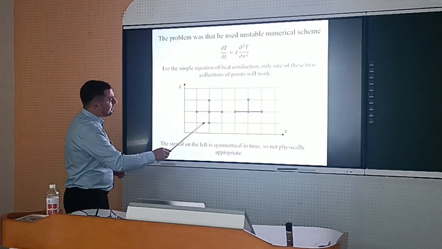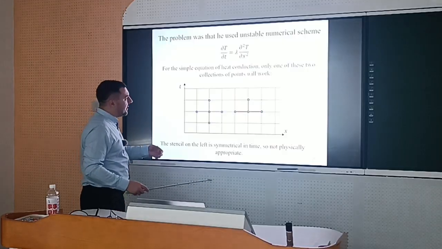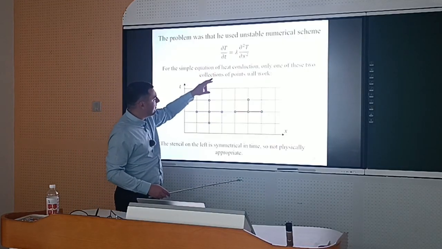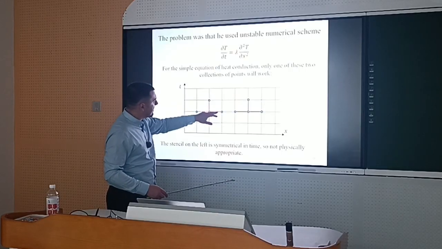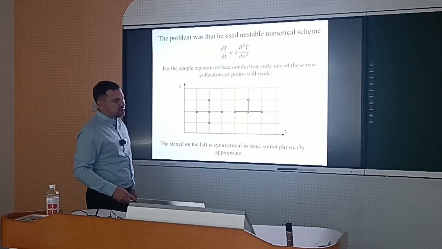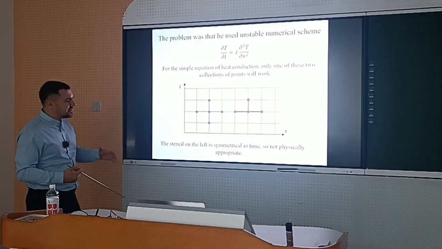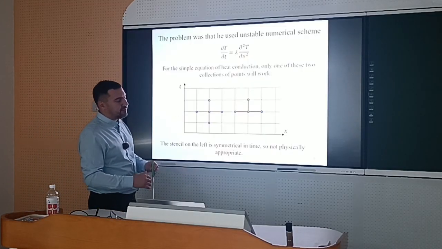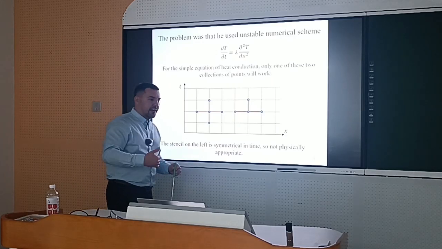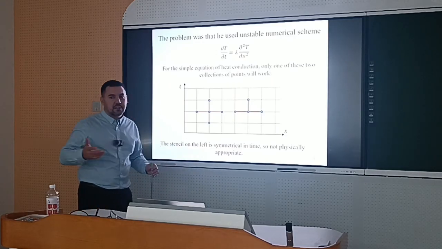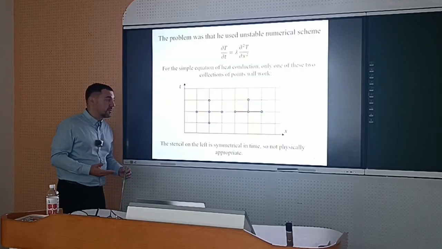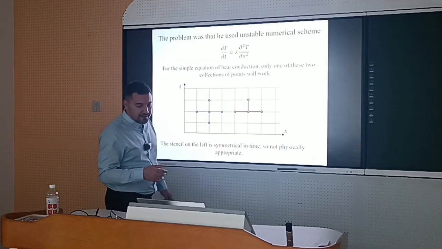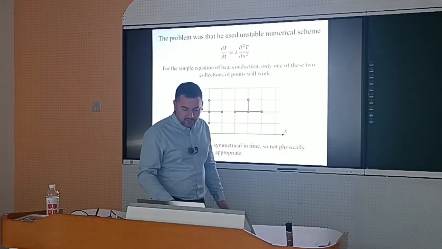But he used this stencil, so he used these 3 points for the approximation of the derivative in time, and these 3 points for the approximation of the derivative in space. And it is known that this numerical scheme is totally unstable. That is why he carried out a number of steps and got a totally wrong result, because this numerical scheme cannot be used. So that's the point. Interesting historical fact.